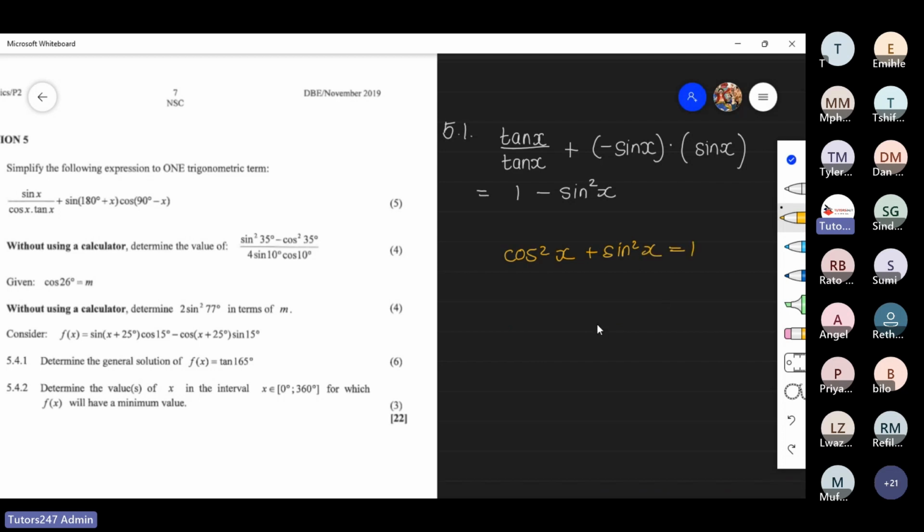If we were to now move sine squared x to the other side, we would end up with cos squared x equals 1 minus sine squared x. And that is exactly what we have over here. So from this, we can see that 1 minus sine squared x is equal to cos squared x. So that is our single trigonometric term.